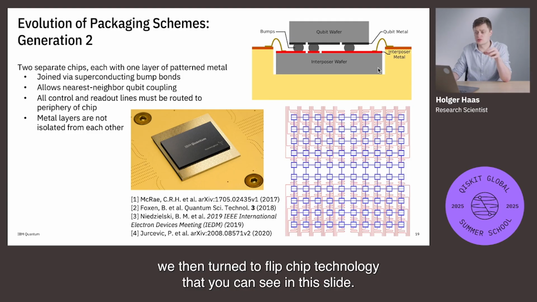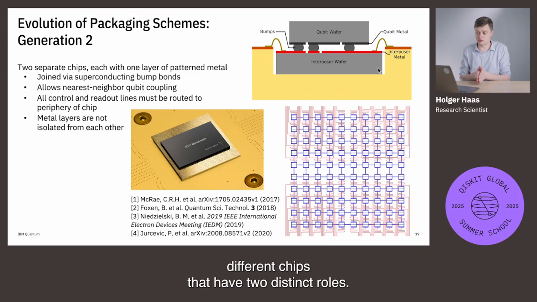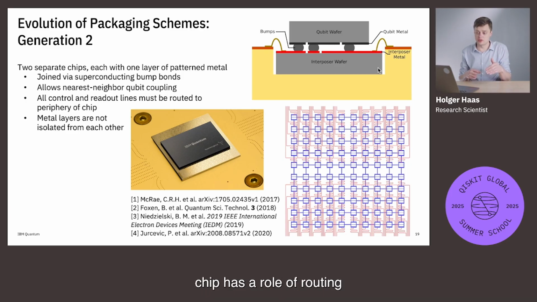We then turned to flip chip technology that you can see in this image. Different chips that have two distinct roles. We have a qubit chip and an interposer chip. The interposer chip has a role of routing signals to the qubit locations, and we also use it for placing readout resonators near the qubit chip.